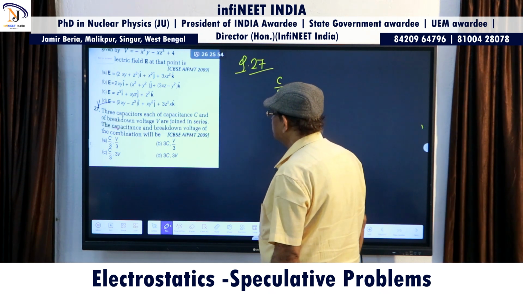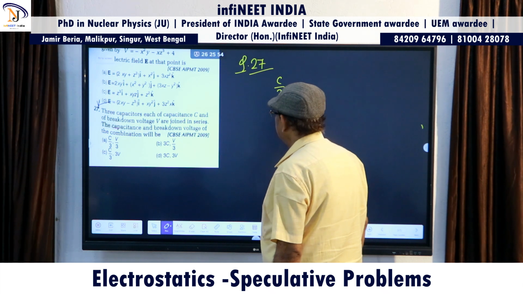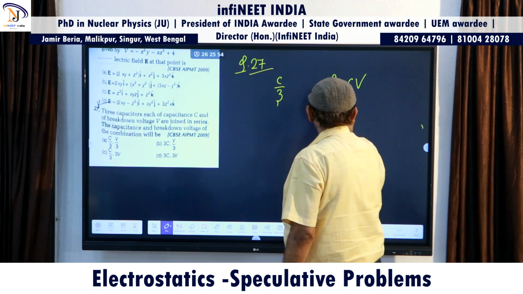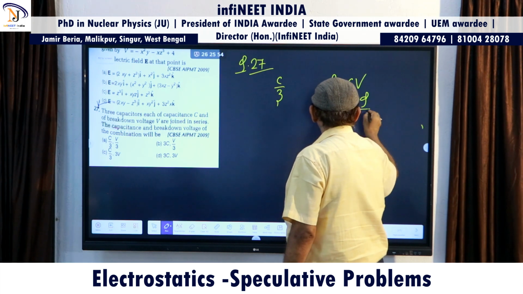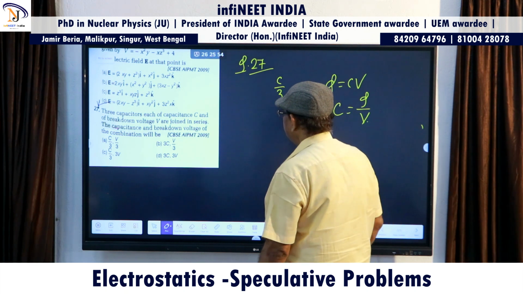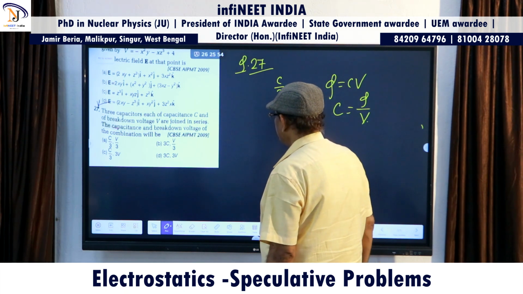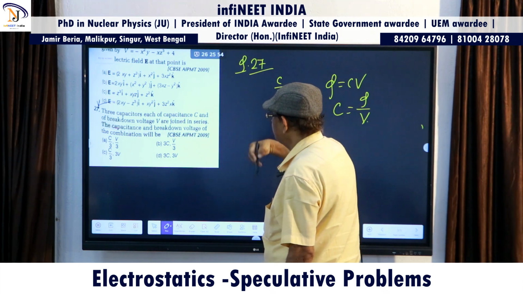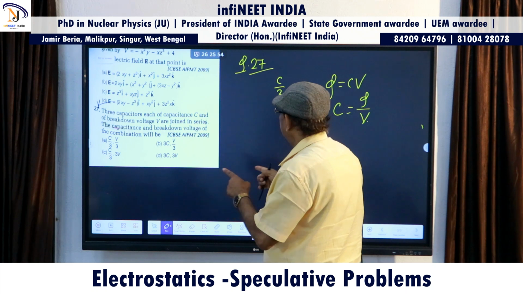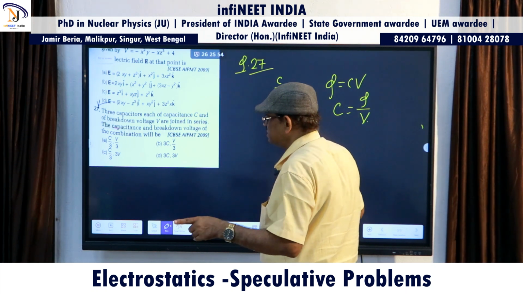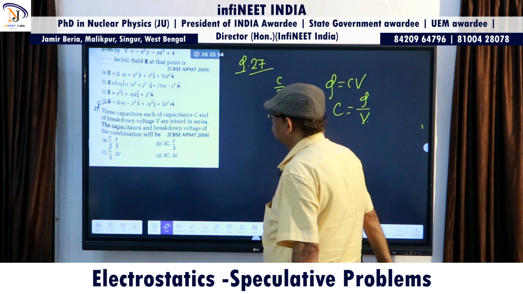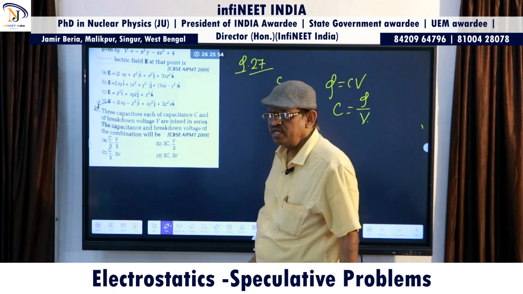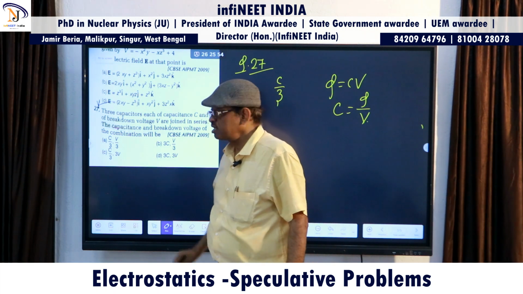The breakdown voltage of each capacitor is V, so Q equals CV, so C equals Q by V. Clear? So what should be our answer? This is C by 3, and with 3 in series, the voltage will be divided, V by 3. This will be your answer.